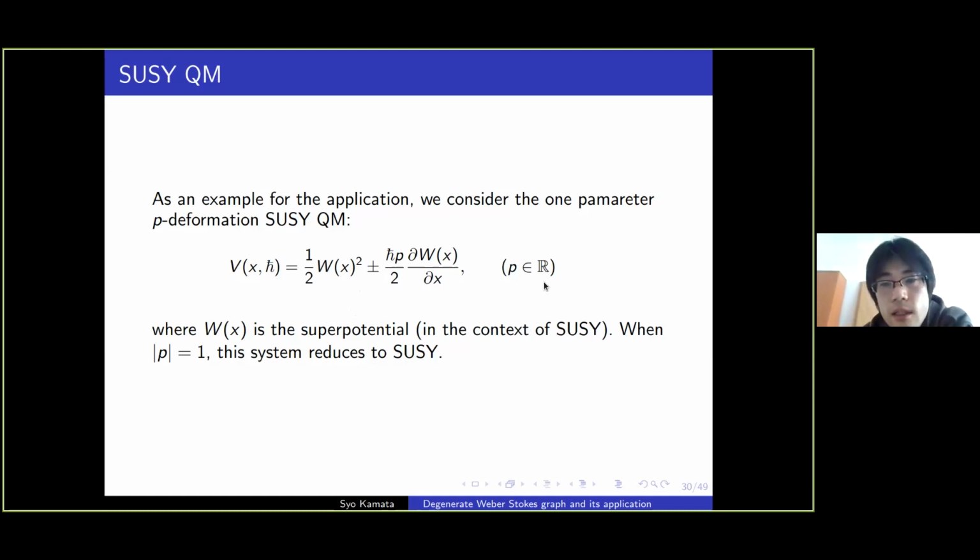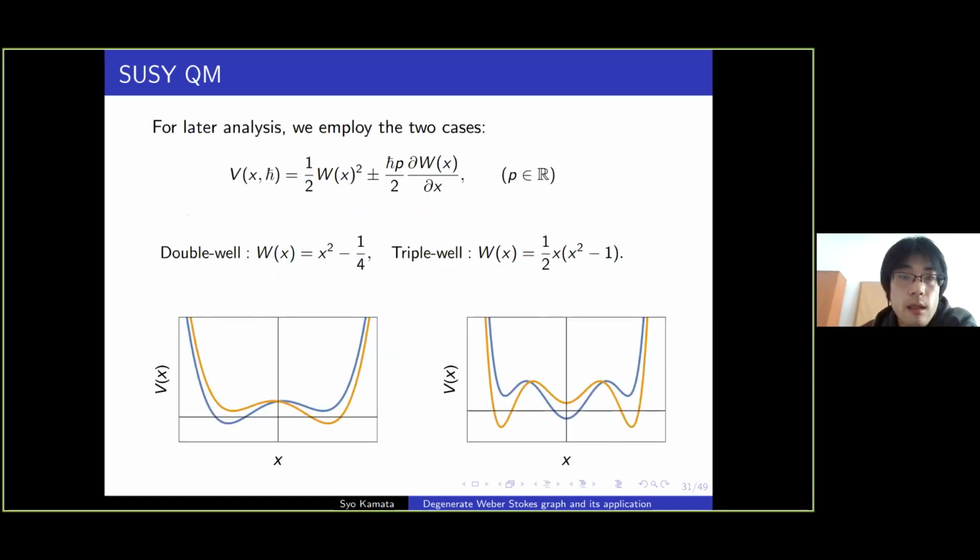But now we take this P as a real value. Okay, but now let us fix this superpotential. In our case, we consider a double well potential like this, and also a triple well potential like this.